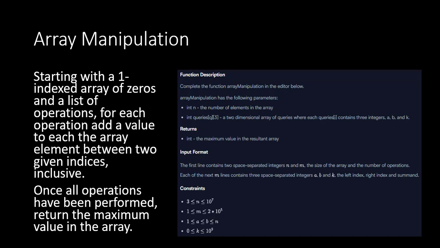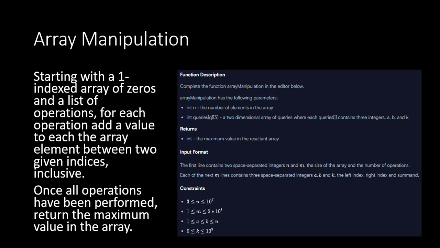Let's say we are saying 3 queries, then there will be 3 different inputs to be taken in a 2D array, and those will be A, B, and K. As I said, A is the starting index, B is the ending index, and K is the value to be adjusted, and here it is a sum. So you got to add the value K, from starting index A to ending B, to all the elements. So that's how this is going to be.